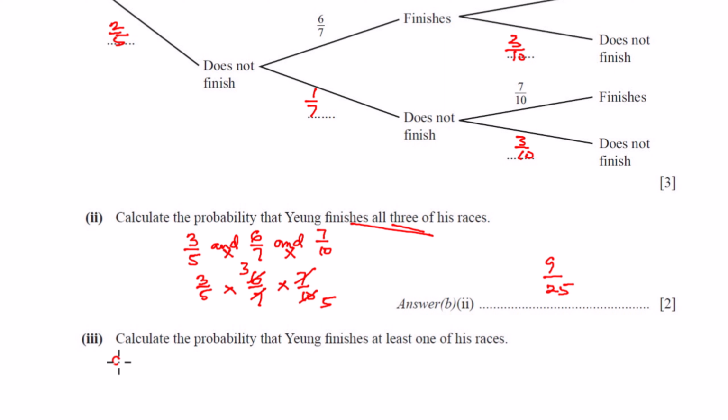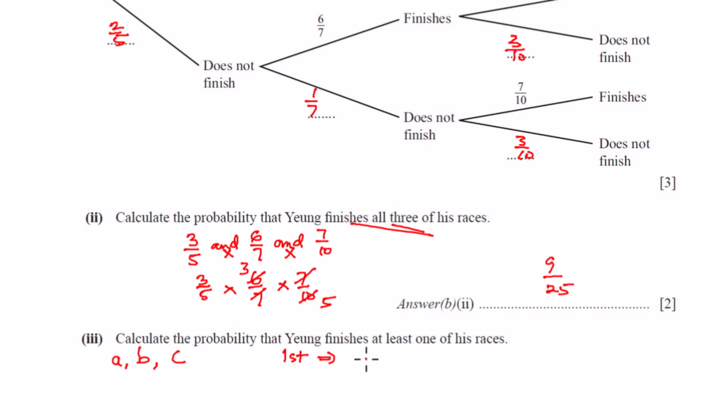Let's say race A, race B, race C. So it's either he finishes race A and doesn't finish race B and C, or he finishes race B and doesn't finish A and C, or he finishes race C and doesn't finish A and B. That's the first scenario, finishes only one, because they said at least. So it's either he finishes one, or he finishes two, or he finishes all 3.